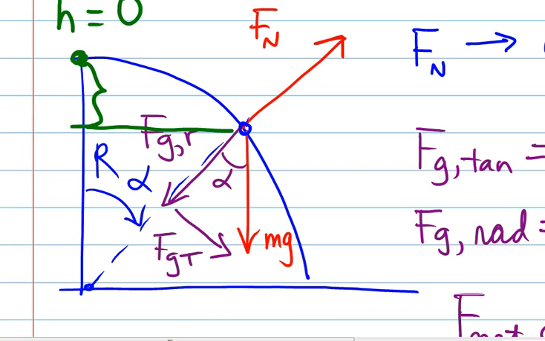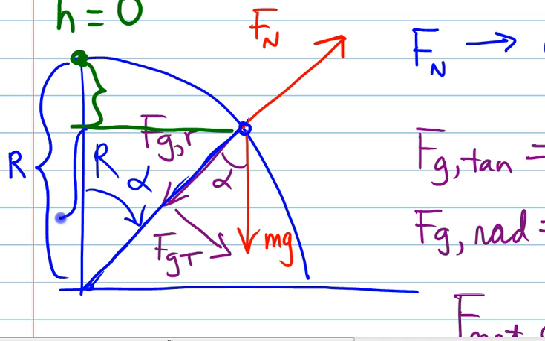This entire thing is the radius r, and this segment is also the radius r, which means that this side is r cosine alpha, which means that the tiny little green portion is r times 1 minus cosine alpha.